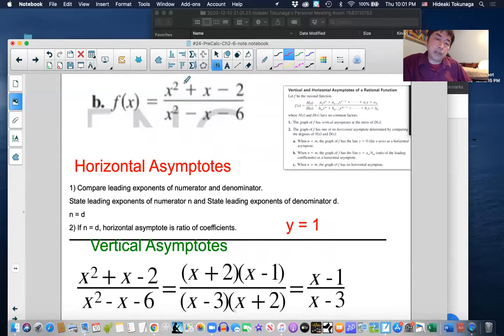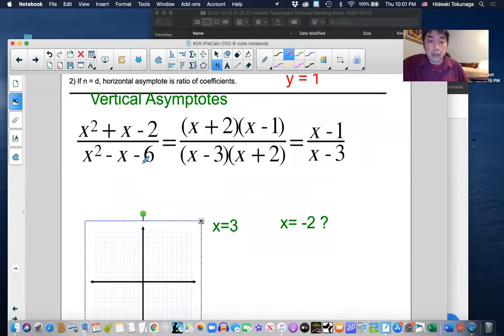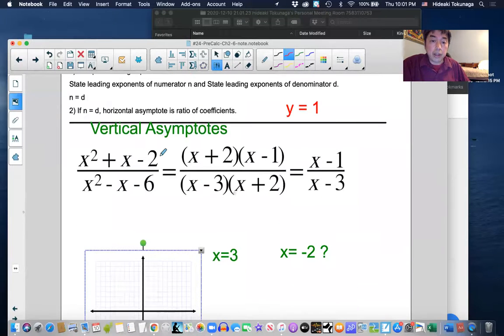Leading exponent on this is second power. Denominator is also second power. So you compare the leading coefficients. So 1 and 1, then y equal 1. That's the horizontal asymptote. So did I get the graph? Okay. So y equal 1.